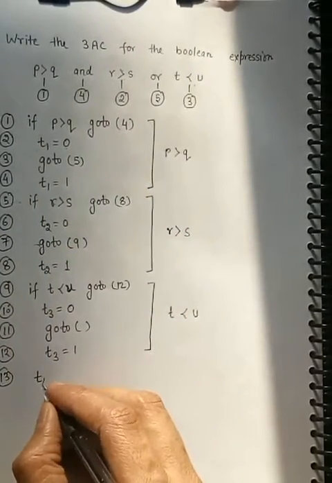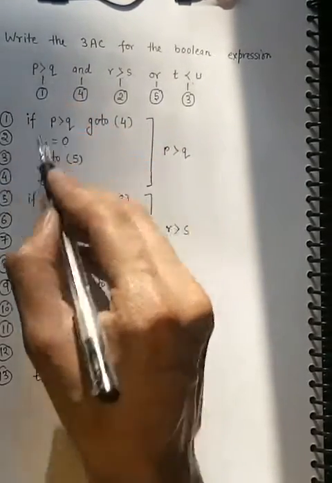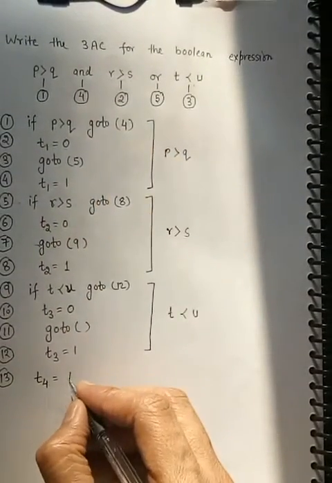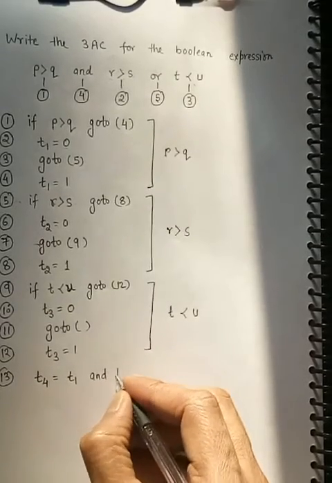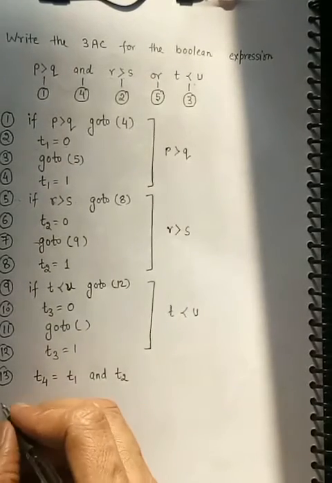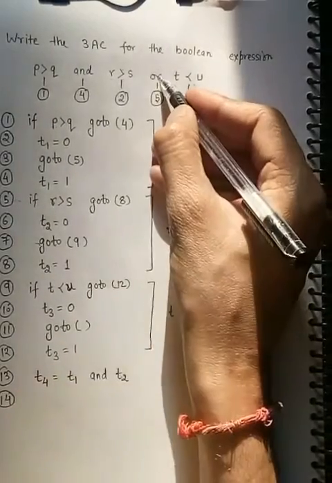So here you can see that t4 equals t1 and t2, where the value of this expression is stored in t1, and the value of this expression is stored in t2. So our task is to perform t1 AND t2 and store its value into another compiler generated variable t4. Okay, and after that our next task is to perform an OR operation.